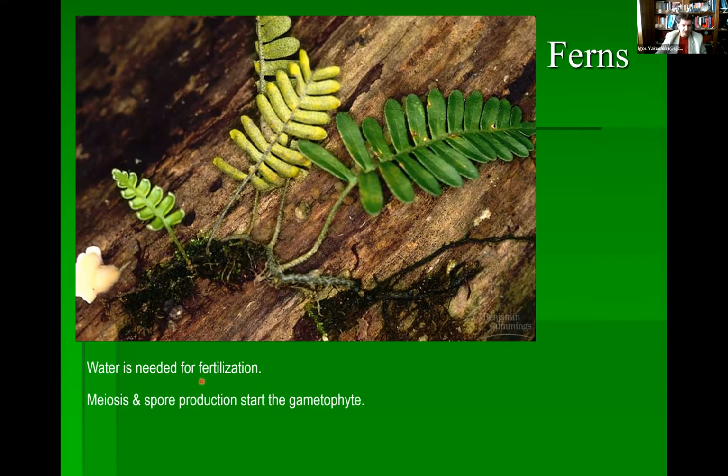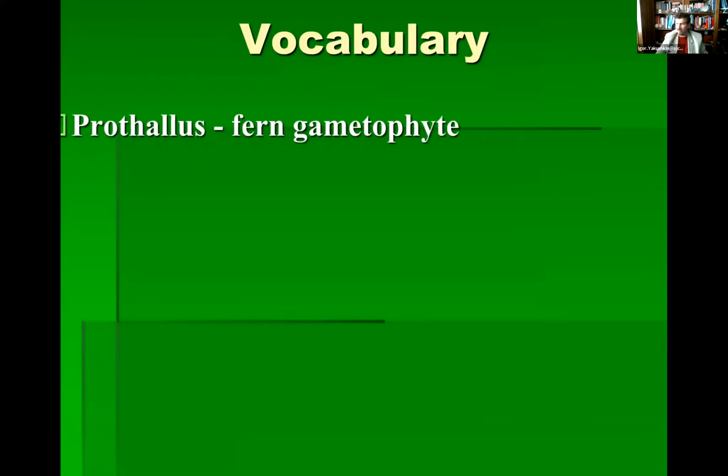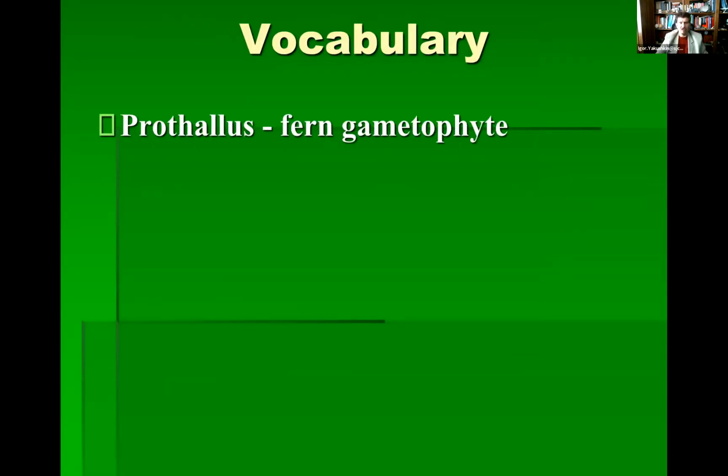Yes, and meiosis will produce the spores, and spores are haploid, a single set of chromosomes, to grow into the gametophyte. So for some of the vocabulary, we already talked about the prothallus, right? We talk about the thallus as the body of the marchantia, as well as the hornworts, so liverworts and hornworts.